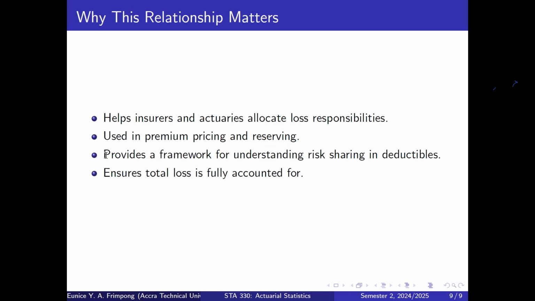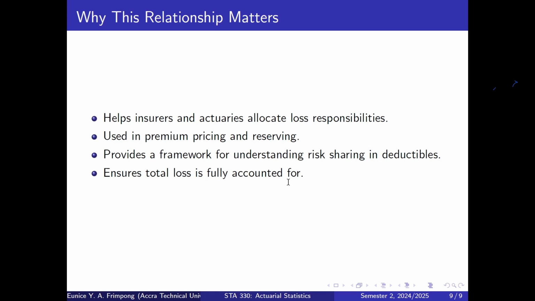Also, it is useful in reserving, where insurers must set aside funds to pay future claims. And most importantly, it ensures that the entire loss is accounted for. No part is missing. So understanding the relationship between X, Y, and Z gives us a full picture of how deductibles influence cost sharing and risk management in insurance.